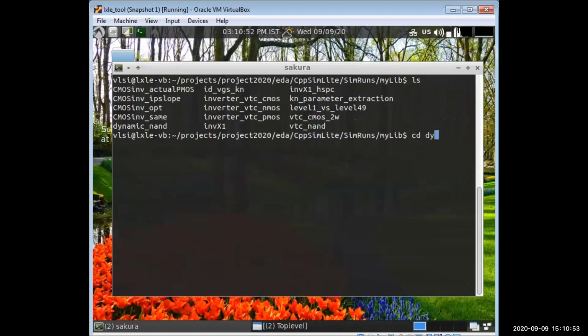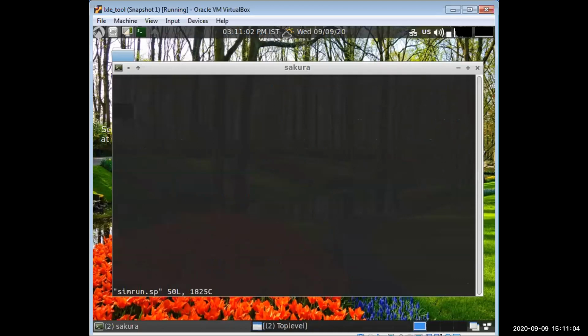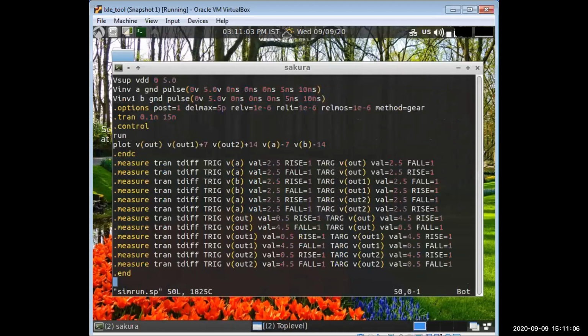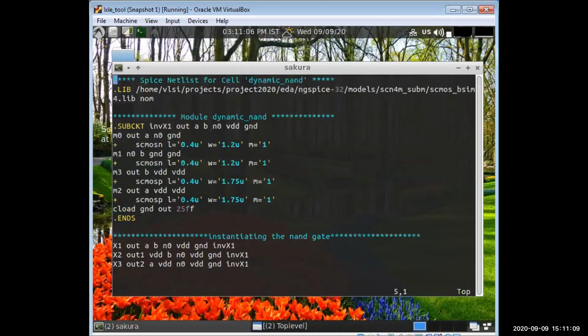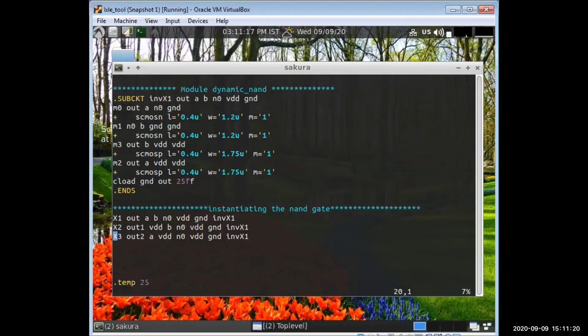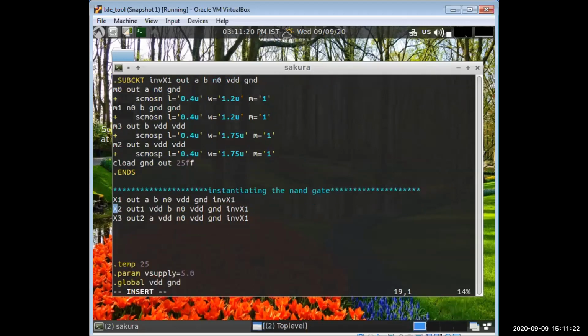So cd dynamic NAND, then bin, simran.sp. Okay, I'm showing you the netlist only. I have specified the path here. This is the sub-circuit, as I said before in the VTC. I have instantiated this NAND gate as a sub-circuit, then instantiating the NAND gate.